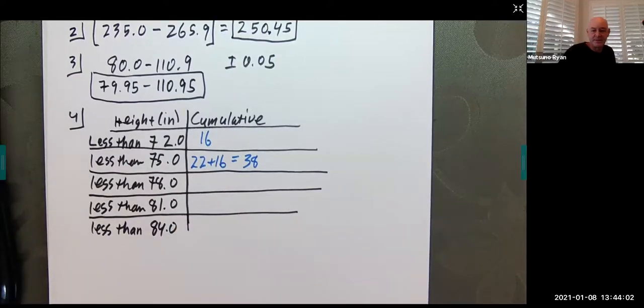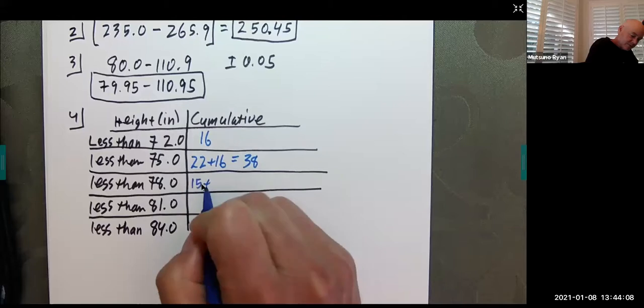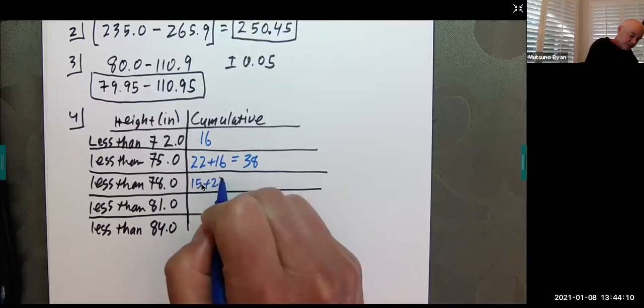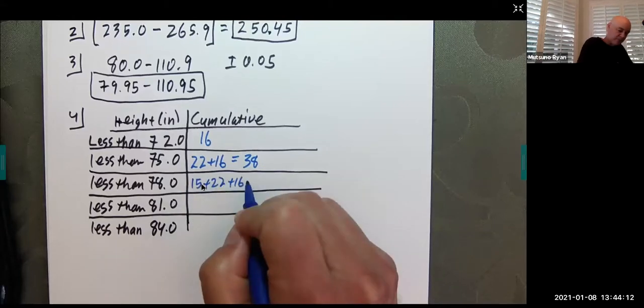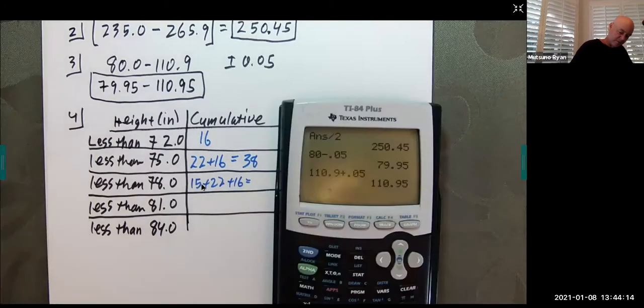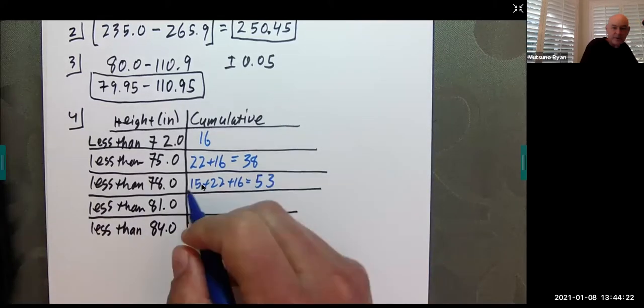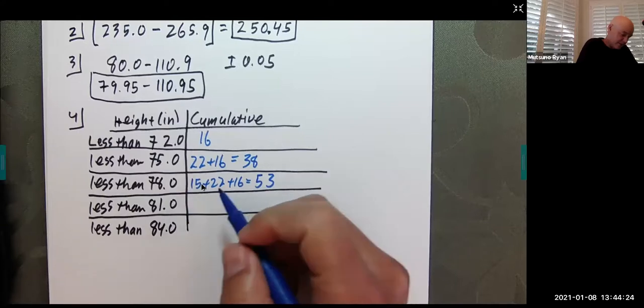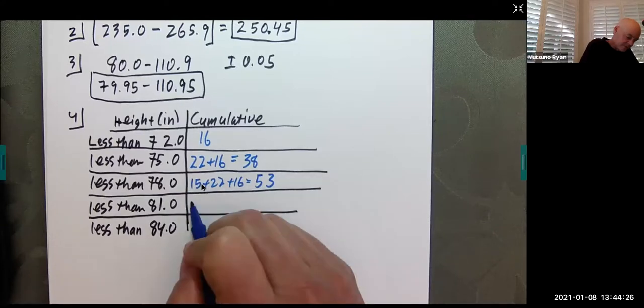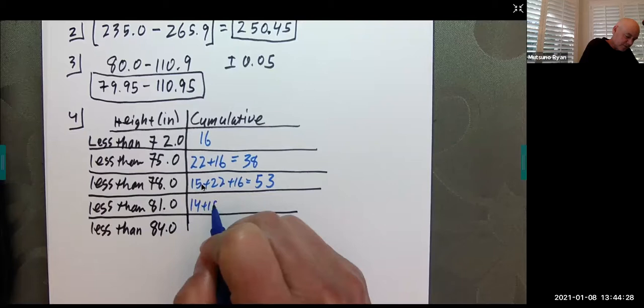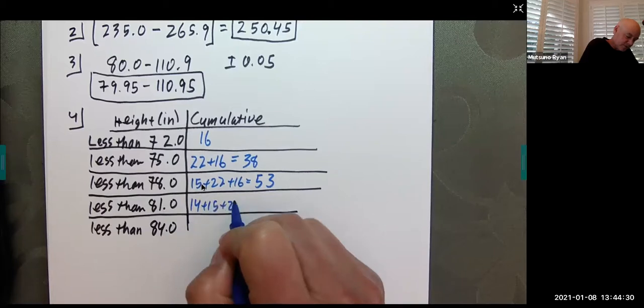Now, less than 78 is going to be the 15 plus the 22 plus the 16. This gives me 53. Next up is going to be the 14 plus 15 plus 22 plus 16.